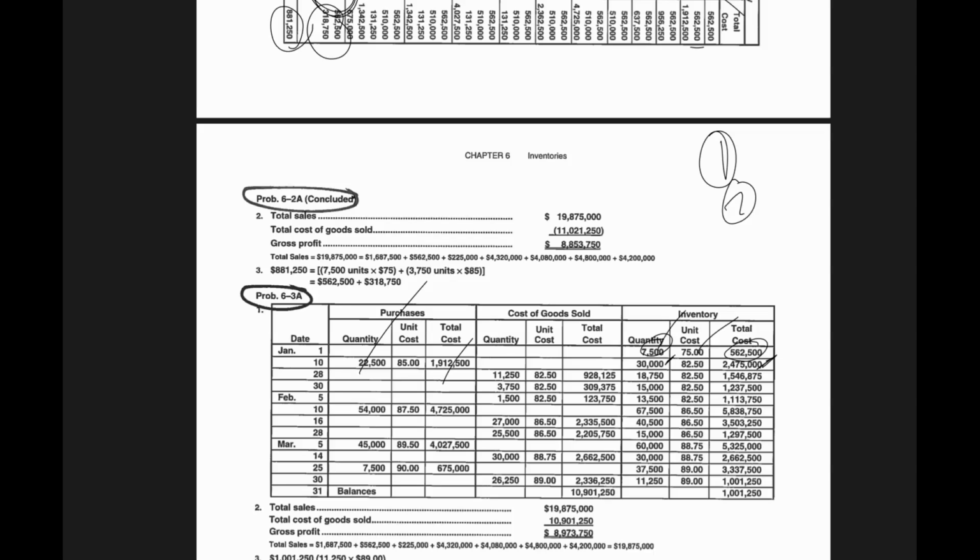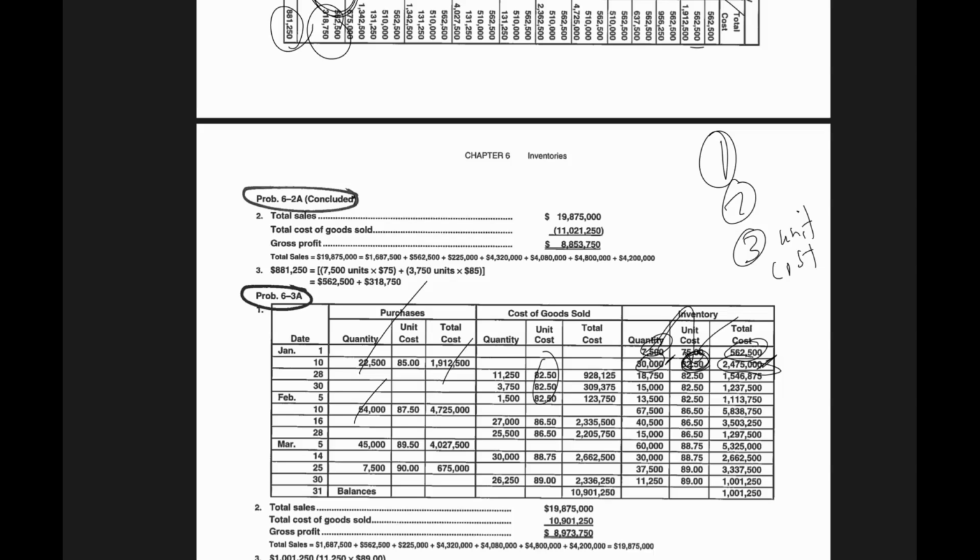Then we take our step three, and that's where we calculate the unit cost, where we take the $2,475,000 divided by the 30,000, and that's when we back into this $82.50. That $82.50 is used every time we have a sale. It changes when we purchase.